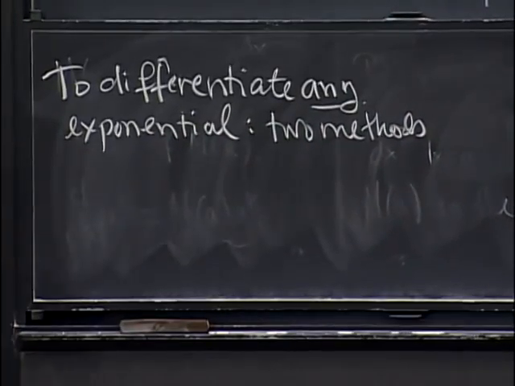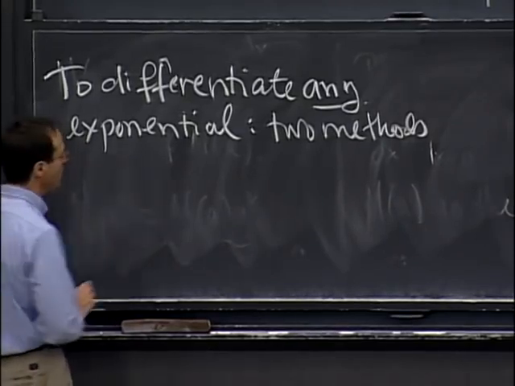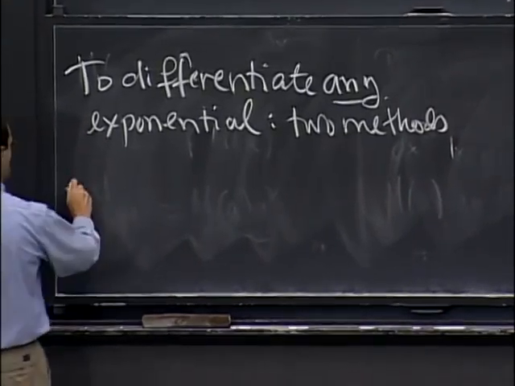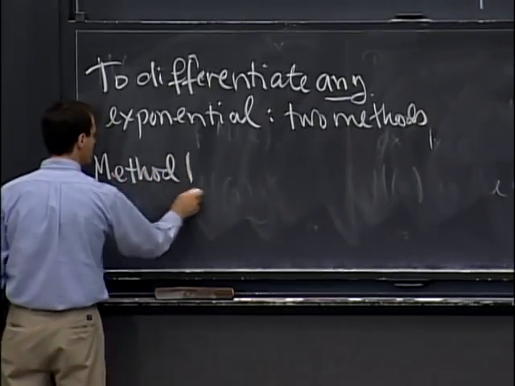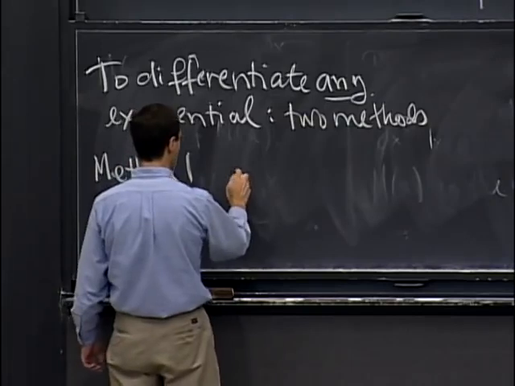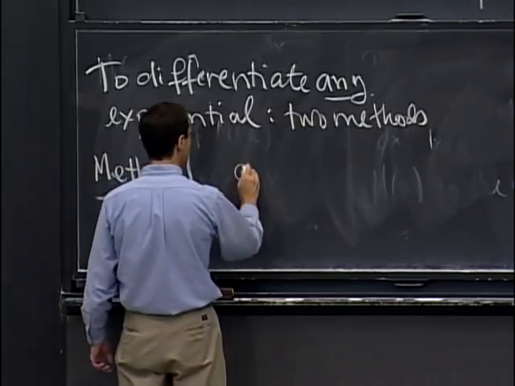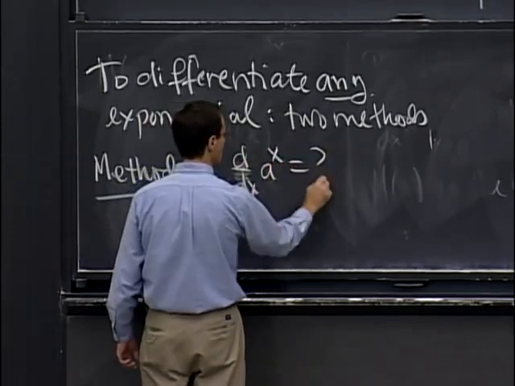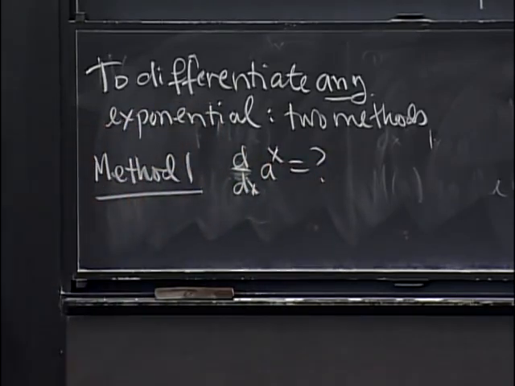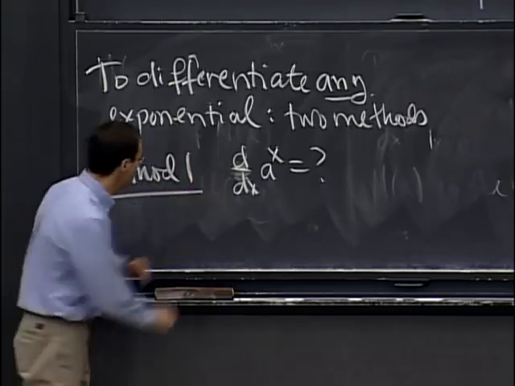They have the same amount of arithmetic, but you'll see both of them, and they're equally valuable. So we're going to just describe them. So method 1, I'm going to illustrate on the function a to the x. So we're interested in differentiating this thing, exactly this problem that I still didn't solve yet. Okay? So here it is.